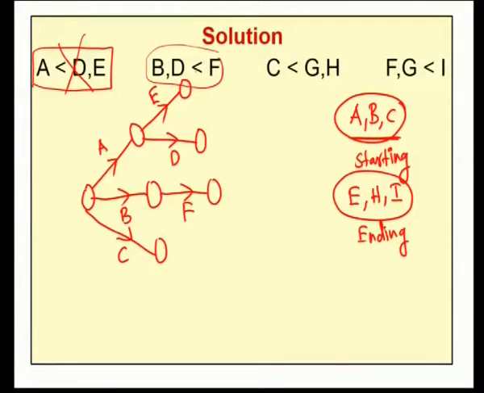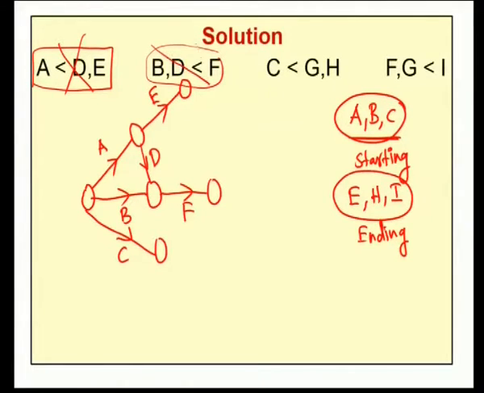Next, D also less than F. We already drew D. Instead of this D, if we draw our D this way, then now see B is the producer of F, D also the producer of F. That means for B and D, F is the immediate successor.